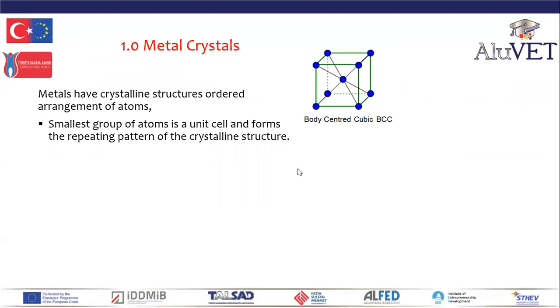When individual metal atoms bond together, they form into ordered arrangements by sharing the cloud of electrons. This unit cell is the smallest group of atoms. These arrangements are the unit cells that will form into the repeating pattern of crystalline structures.